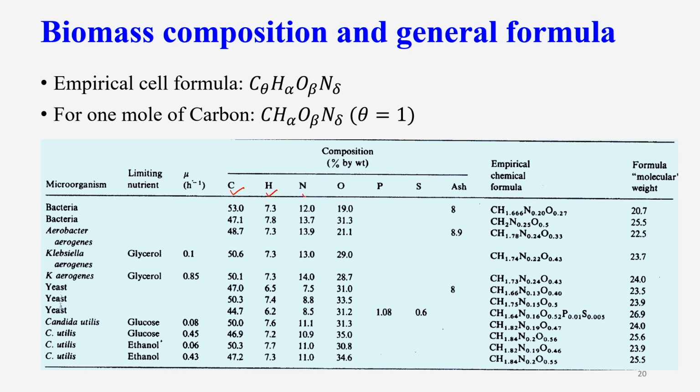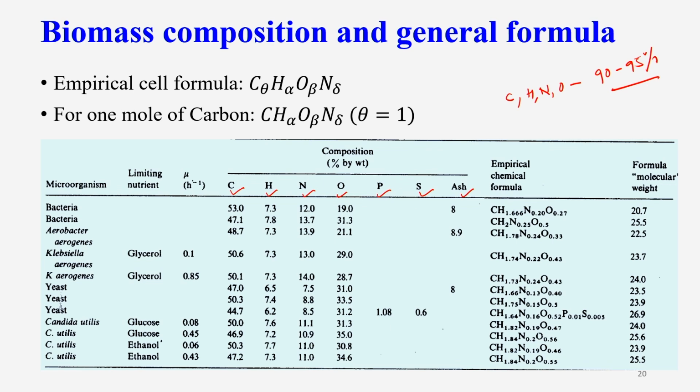Carbon, hydrogen, nitrogen, oxygen, phosphorus, sulfur and so on. It is very interesting to see this carbon, hydrogen, nitrogen and oxygen, they constitute about 90 to 95% of cell mass.